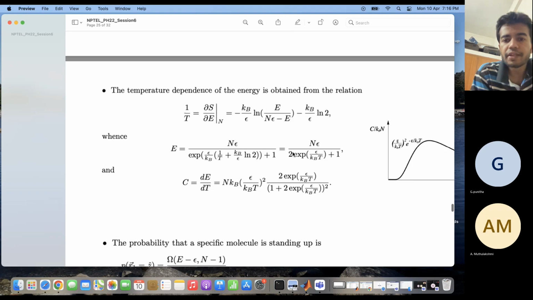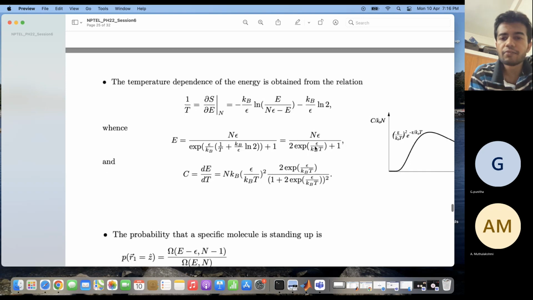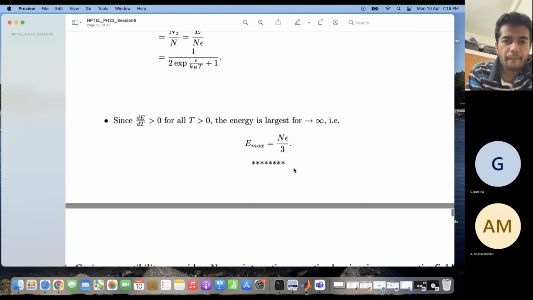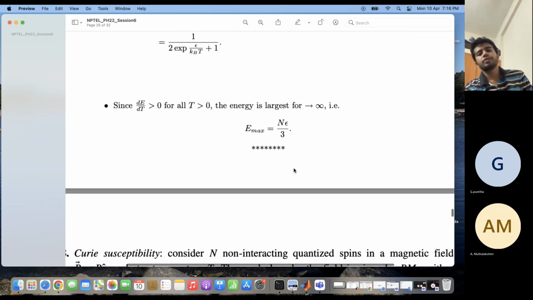Because as T goes to infinity, the denominator over here becomes larger, and this goes to e to the power of 0, which tends towards 1. And finally at T equal to infinity, this becomes equal to 1, so this becomes N epsilon by (2 plus 1), which is N epsilon by 3. Okay, so the energy is largest as T goes to infinity.